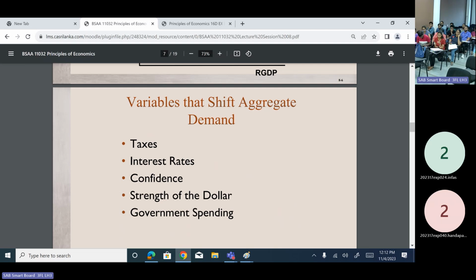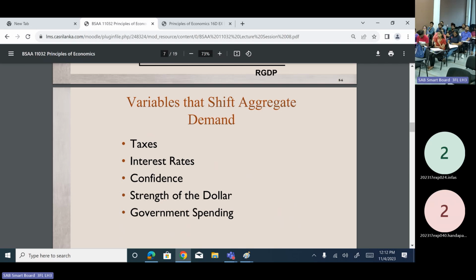How and when will the aggregate demand curve shift in an economy? If taxes change, if interest rates change, if overall consumer confidence changes, if the strength of the dollar changes, or government spending changes, aggregate demand will shift. For a product, it's different. For the entire economy, it's different.